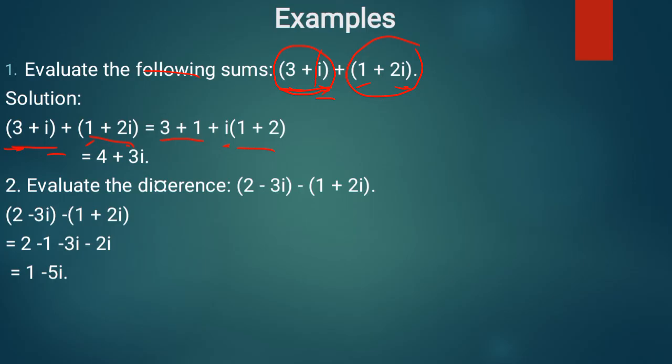What's 3 plus 1? 3 plus 1 is 4, and 1 plus 2 is 3. So that's how we got 3i that you see there. Whenever you're given two complex numbers, you add the real parts, you add the imaginary parts, and you're through. For more examples on the sums, you can refer to your lecture notes and try them. You can discuss that online on the WhatsApp or when we meet in class.